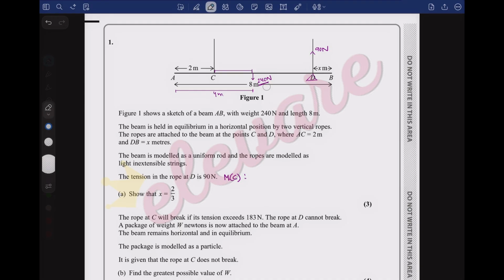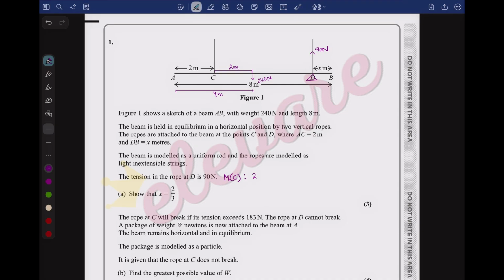Because we know that 240 newtons is in the middle of the whole beam. So this 240 newtons divides the beam into two parts of equal length, 4 meters and 4 meters, right? So that's how we know this is 4 meters, and therefore this distance is going to be 4 minus 2 meters. I hope that's understandable.